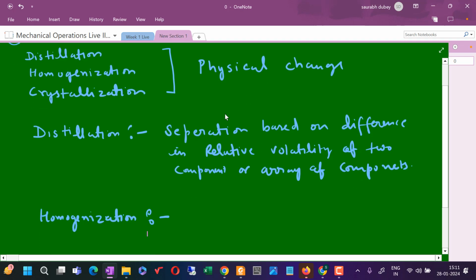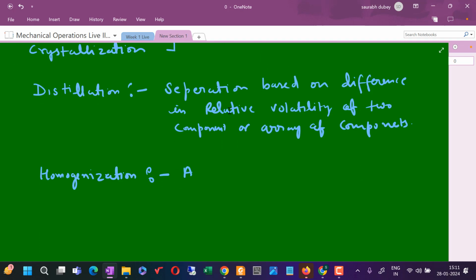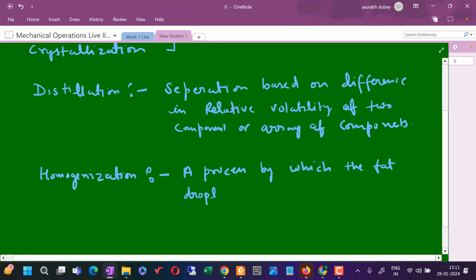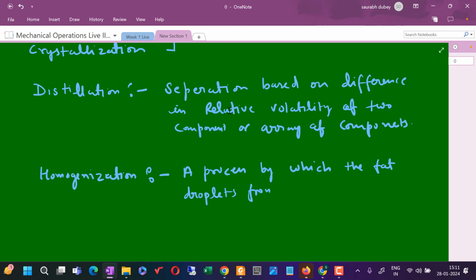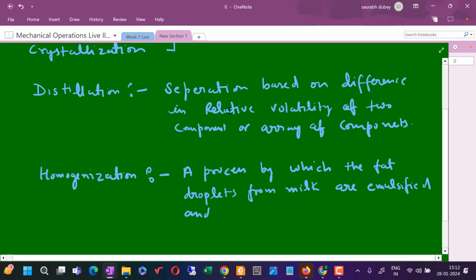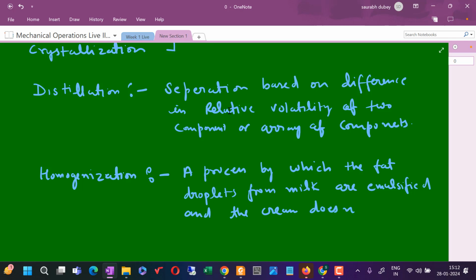Homogenization is a process by which the fat droplets from milk are emulsified, and the cream does not separate.